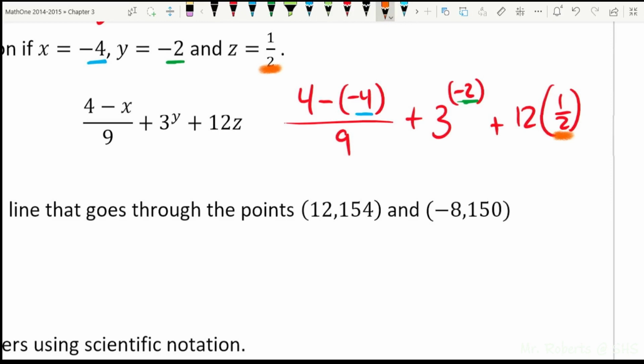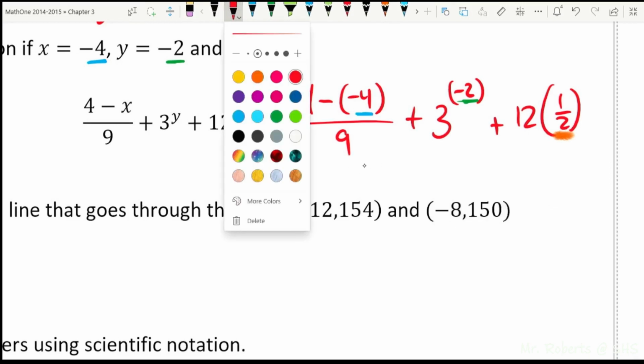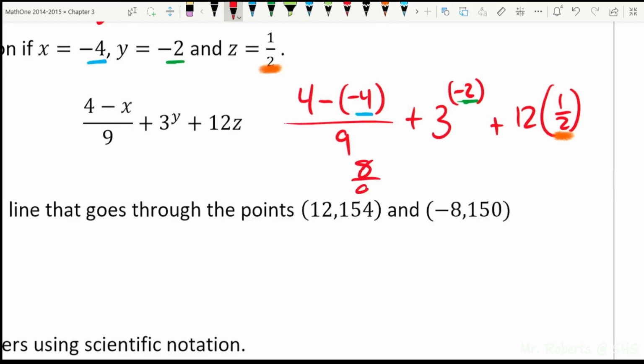At this point, I'm just going to evaluate each of these 3 terms carefully and see where that gets us. So this first term, 4 minus -4, looks like the number 8, right? So I've got 8/9. So I've got an 8 in the numerator, 8/9. And then I've got 3 raised to the -2nd power.